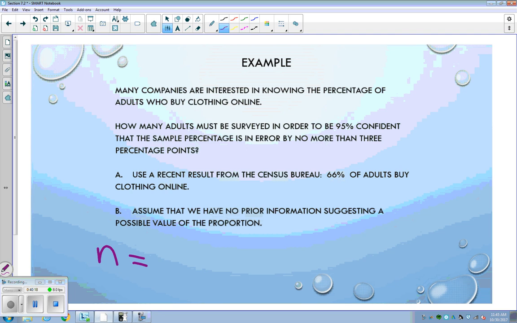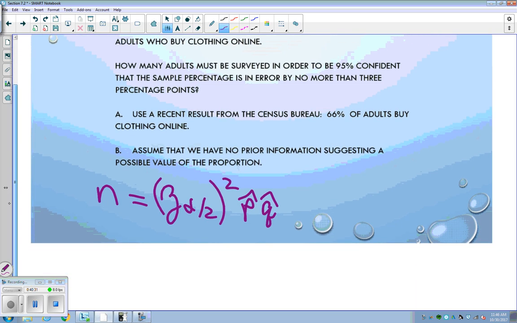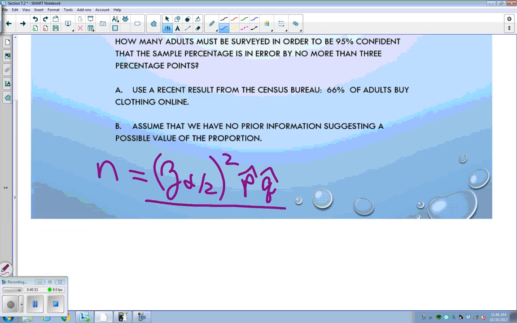n says I'm going to take my z at alpha divided by 2 and square that, correct? Multiply it by p hat times q hat, divided by the margin of error squared. That's my formula, right?